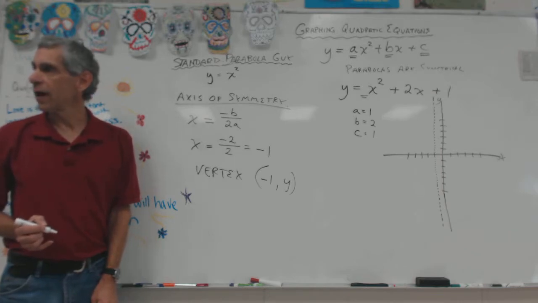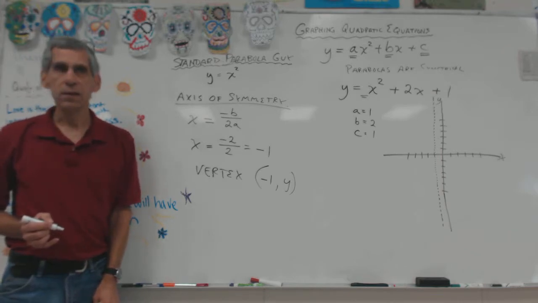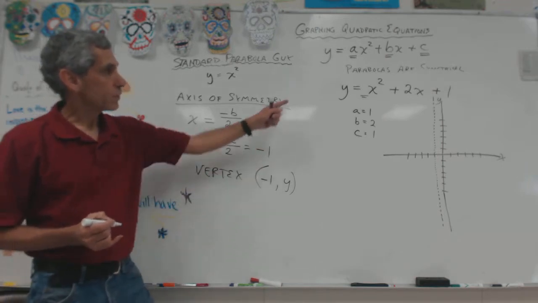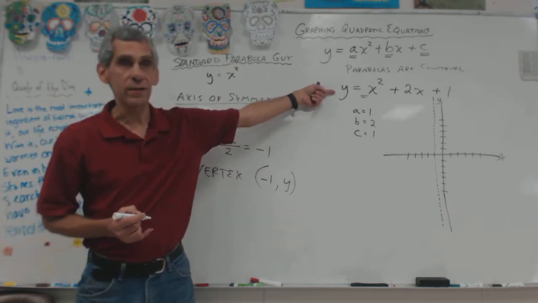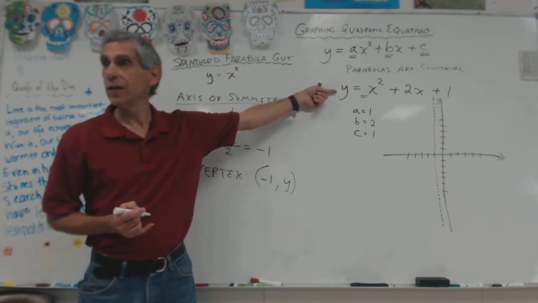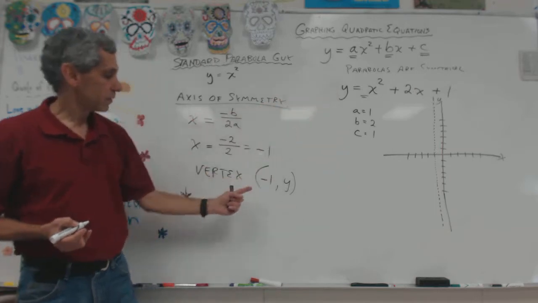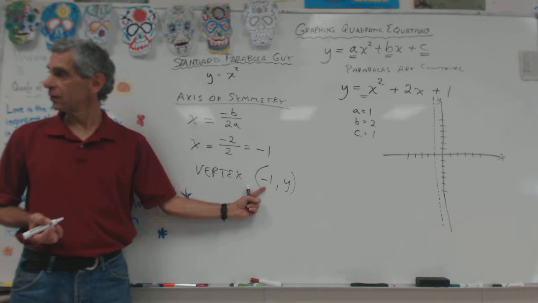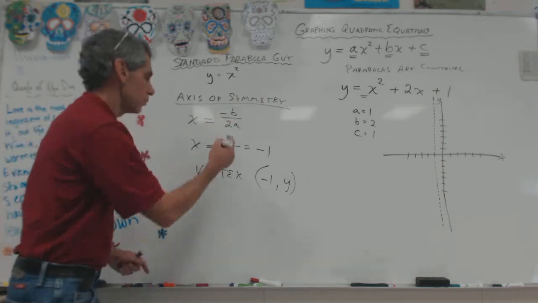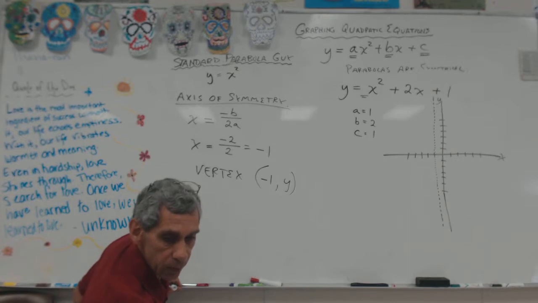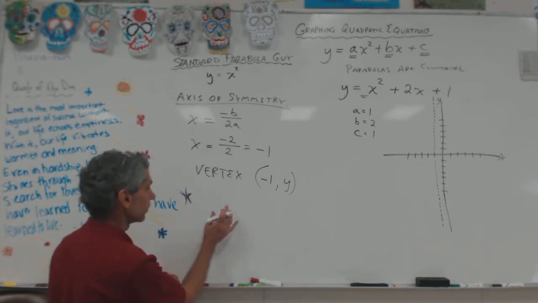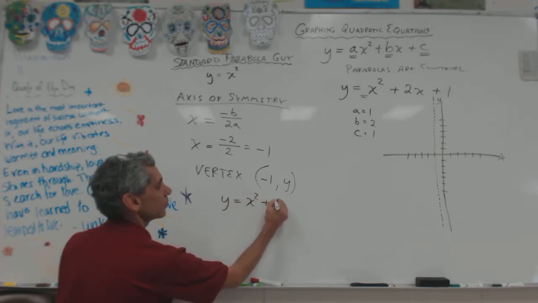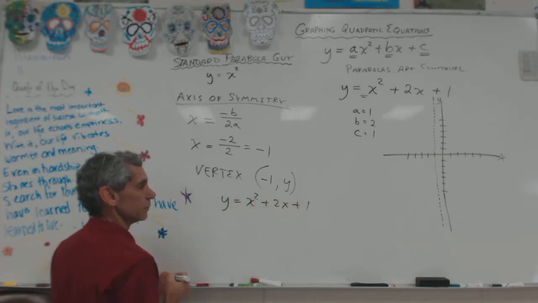Awesome. So immediately I can say, okay, -1. How would I find my y? I would go up to my equation, right? That's where it says y equals, right? To find my y, I would just substitute -1 in for x, right? So I'm going to just rewrite my equation. So we got y is equal to x squared plus 2x plus 1.